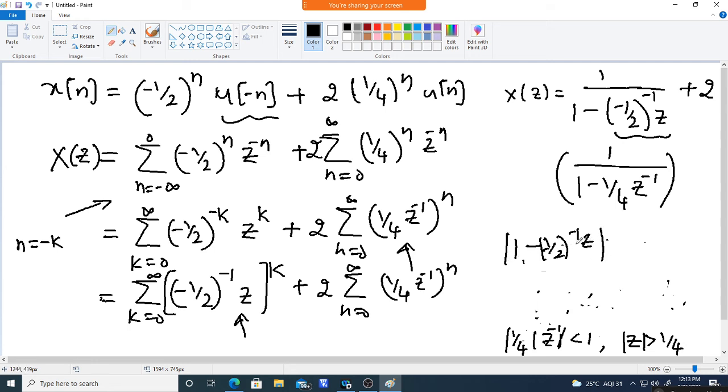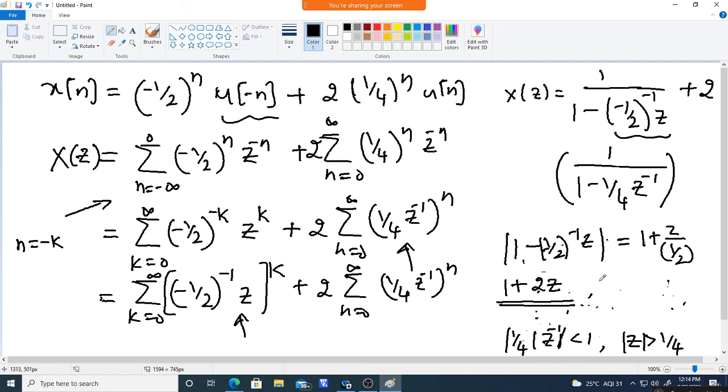This magnitude should be, if you take this term, it will become 1 plus z divided by 1 by 2. This term we can write as 1 plus 2z, because the 2 will go to the upper side. So the whole term will become 1 plus 2z.